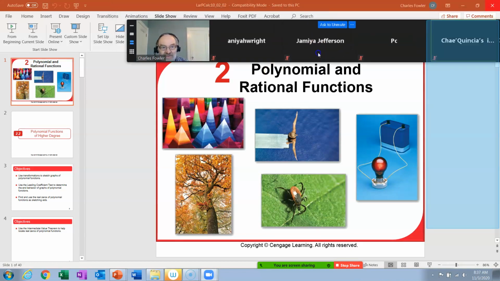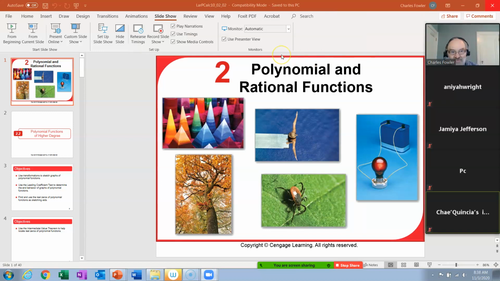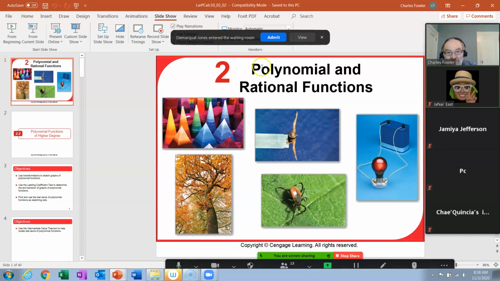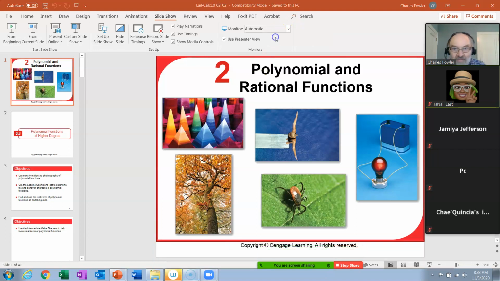You can see polynomial and rational functions. And we'll go from current slide. What I can't see is my recording anymore. Let me make sure it's still recording.